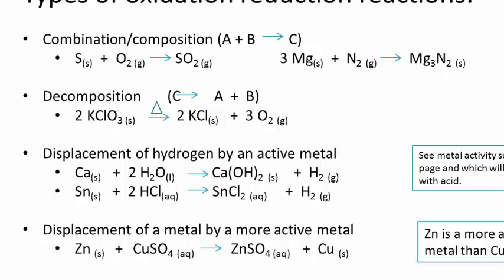A second example of this is tin, another metal, reacting with hydrochloric acid to form tin chloride, tin 2 chloride, and hydrogen gas. And similarly, in this reaction, the tin becomes oxidized from oxidation number 0 to oxidation number +2 in the product tin chloride. And hydrogen ion in hydrochloric acid becomes reduced to an oxidation number of 0 in hydrogen gas.